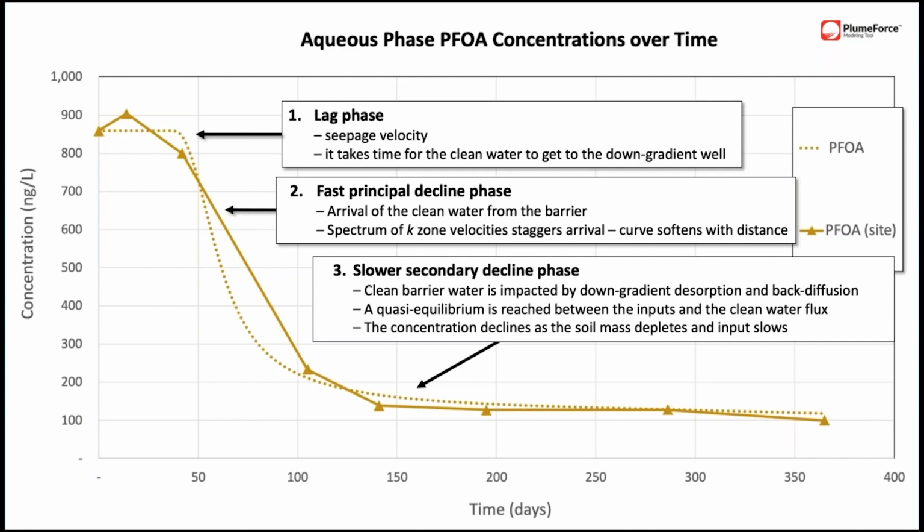And the secondary decline plateau is higher because the greater distance from the barrier means there has been a greater distance over which the sum of back diffusing and desorbing mass can accumulate. I call this the tributary effect, as it's rather like a river slowly growing with distance as many tributaries feed into it.